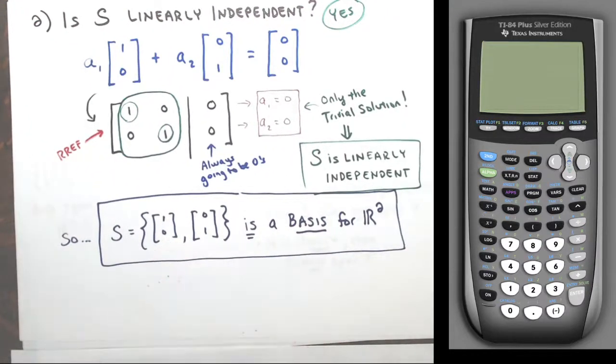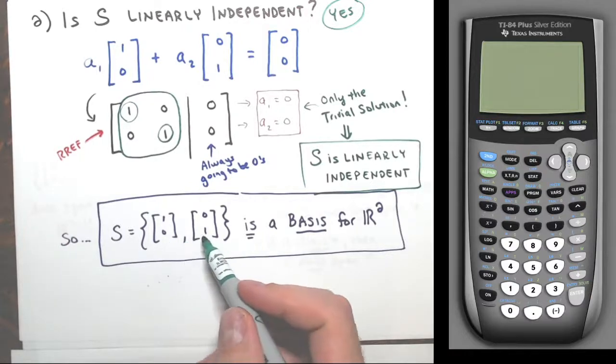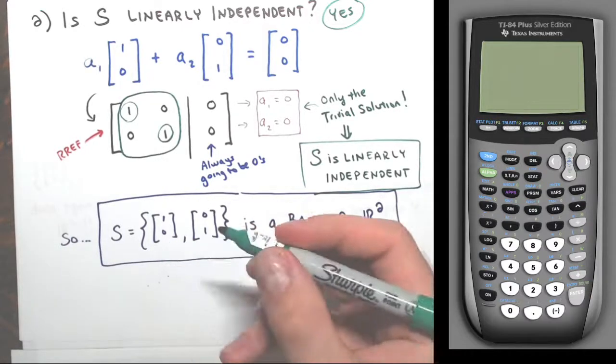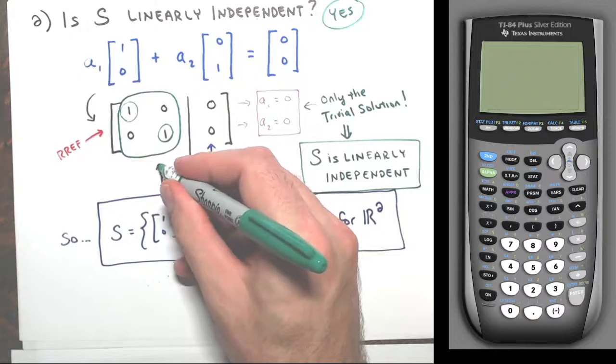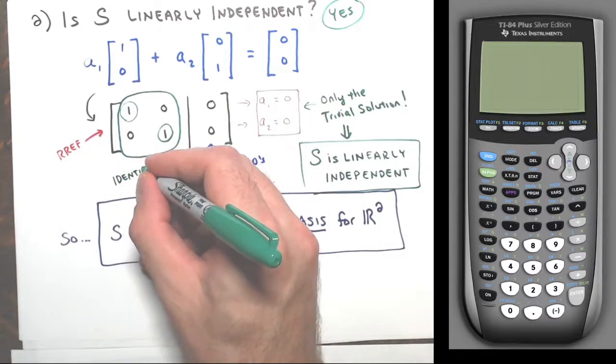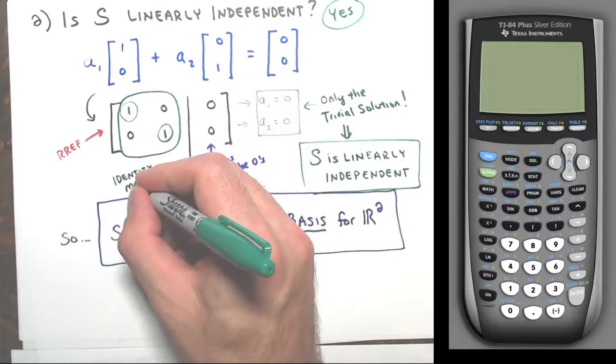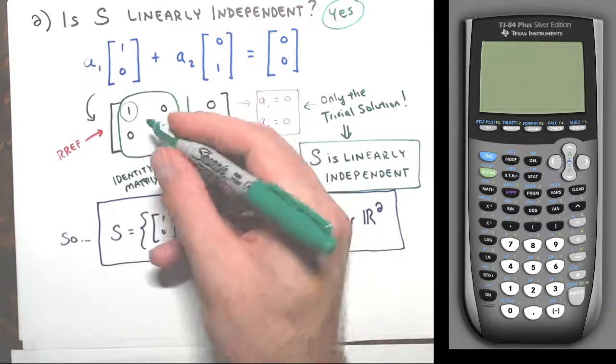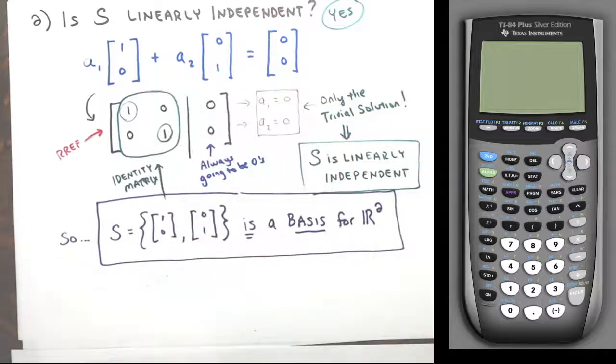When you put these as columns, you make the identity matrix, with ones down the main diagonal, zeros everywhere else.